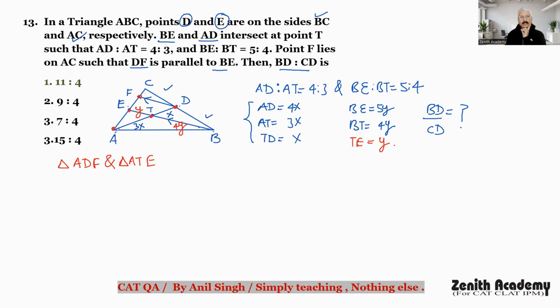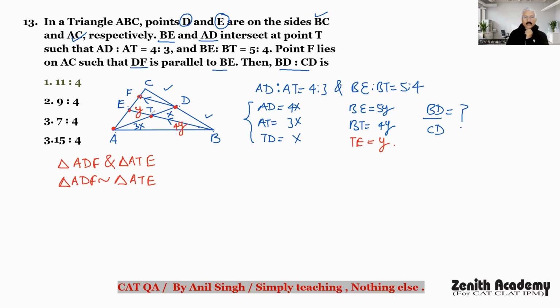These two sides are parallel, and angle A is common between the two triangles. It means these two triangles are similar to each other. So triangle ADF will be similar to triangle ATE. So their corresponding sides ratio will also be equal to each other.